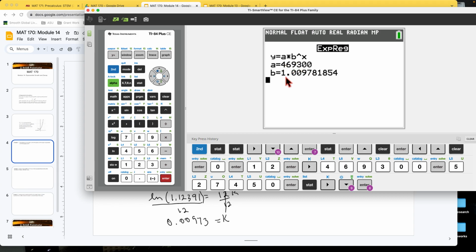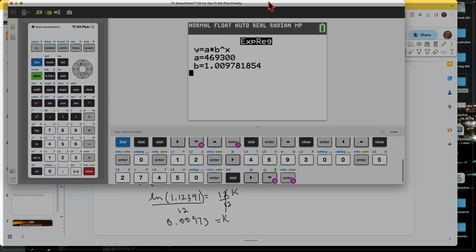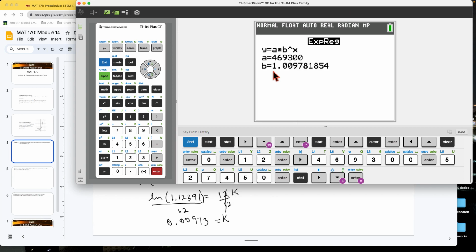And look at that. Oh, this doesn't do E. 1.09781857. So what they're doing here is they're not using continuous change like we're doing.